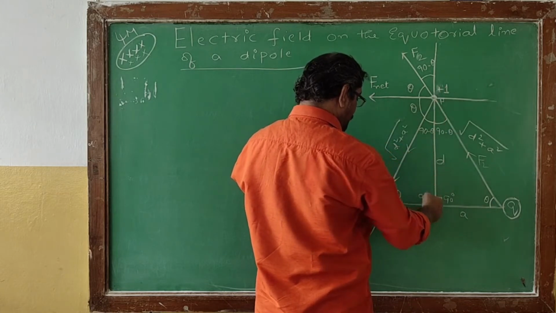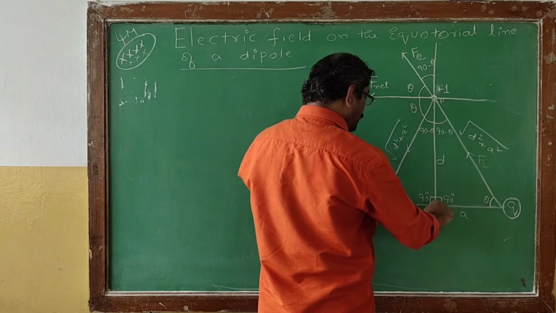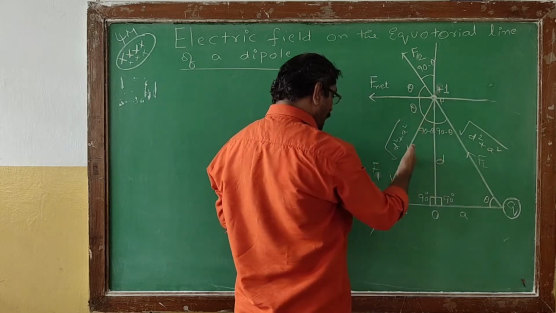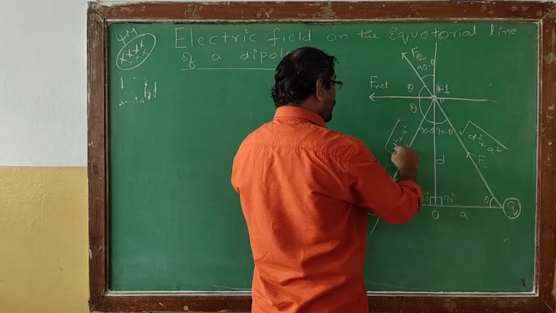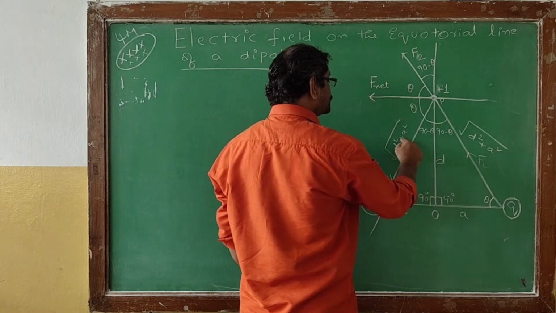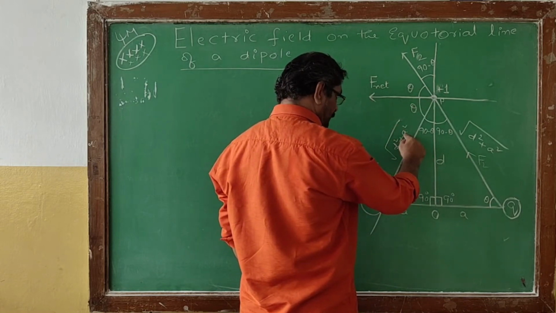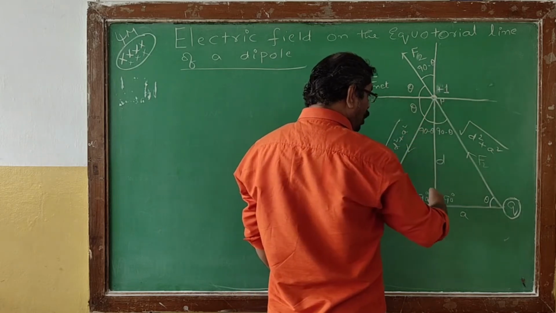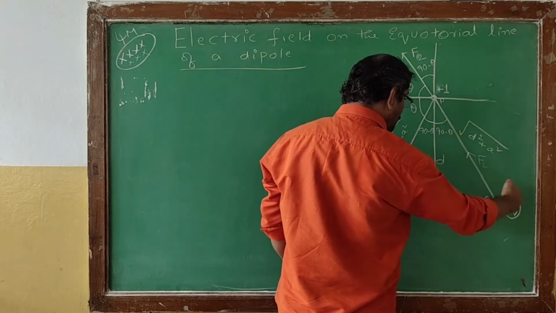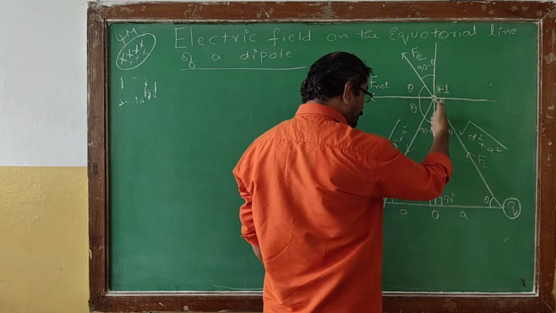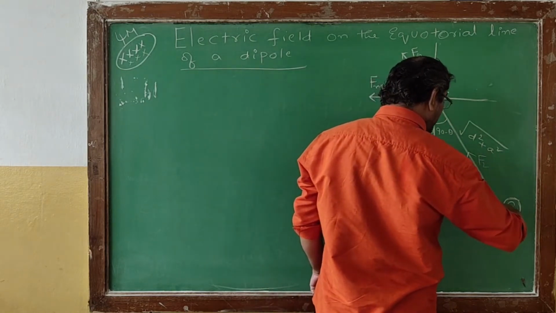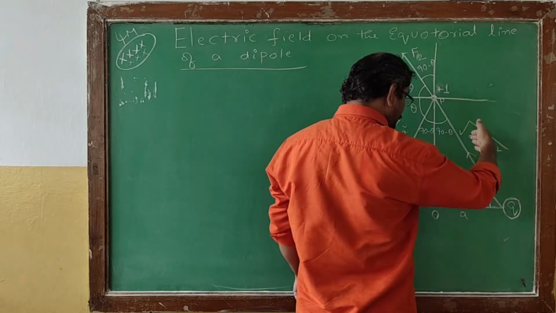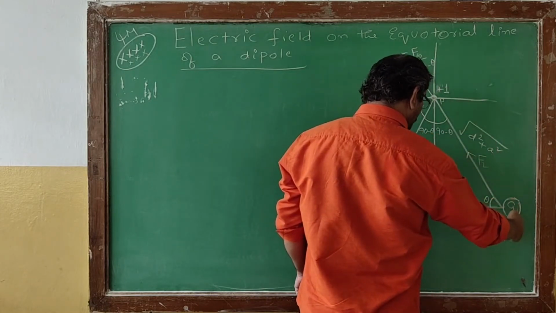So opposite will be D, adjacent will be A. So the hypotenuse of the triangle will be under root of D square plus A square. Similarly for the other triangle also, this will be opposite, this will be adjacent, and this will be the hypotenuse.